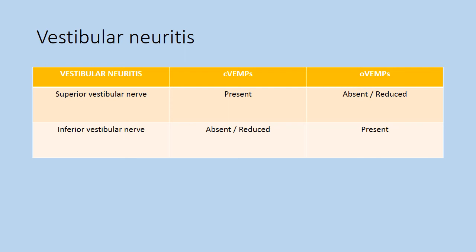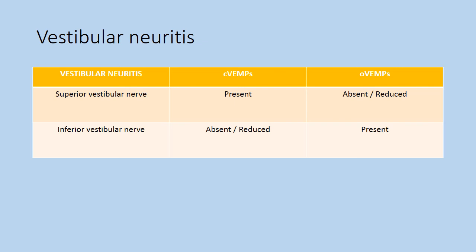Studies have shown that loss of the superior division of the vestibular nerve produces absent or reduced OVEMs beneath the contralesional eye and unaffected ipsilesional CVEMs. This means that the OVEMs results are affected, whereas the CVEMs results remain intact for the tested ear.